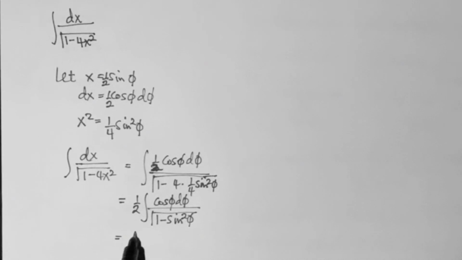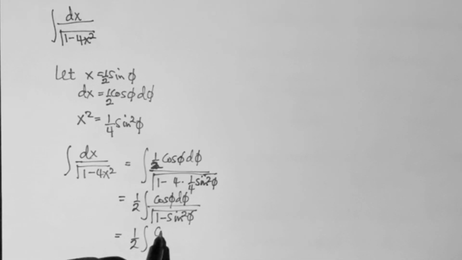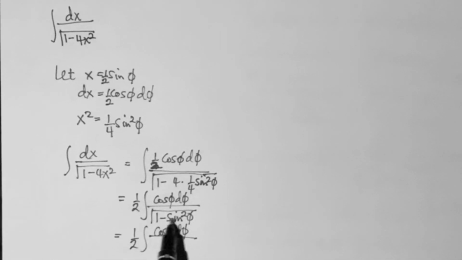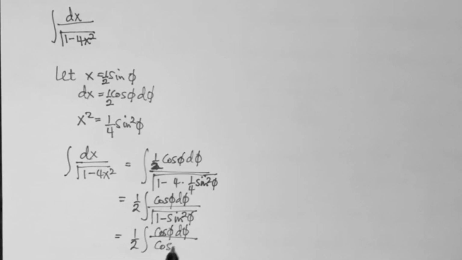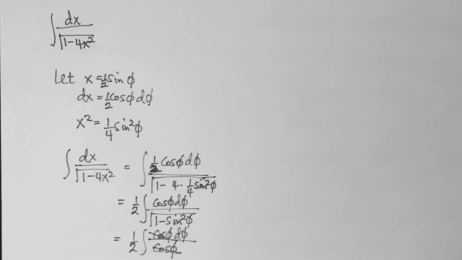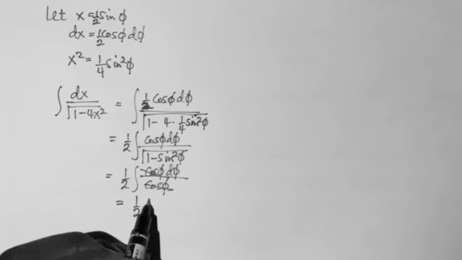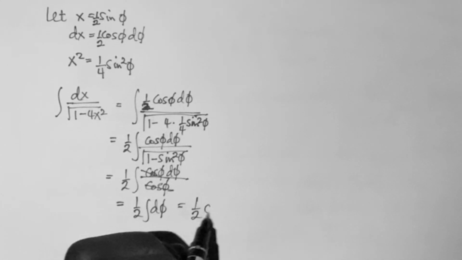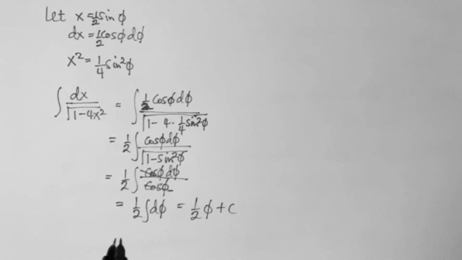The square root of 1 minus sine squared phi is cos phi, so cos phi and cos phi cancel out. This is equal to half the integral of d phi, which is half of phi plus c.